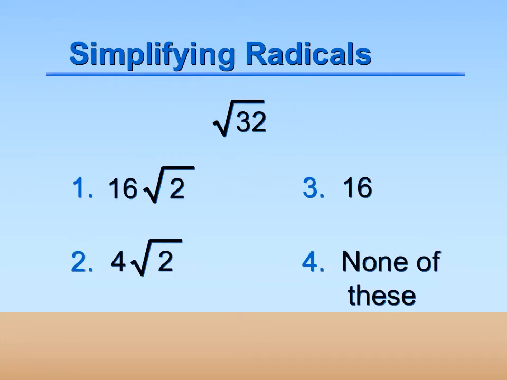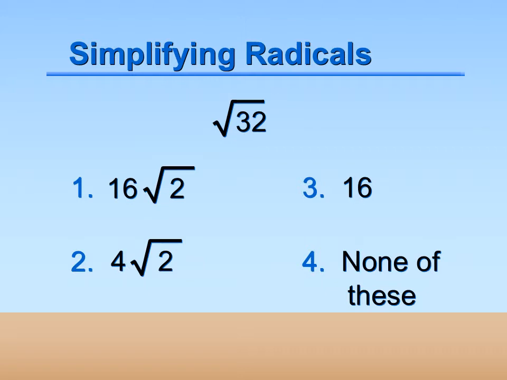All right, so let's practice. Square root of 32. So the first thing you want to do is break down 32. You can use a factor tree, however you want to do it. But 32 is 2 times 2 times 2 times 2 times 2.